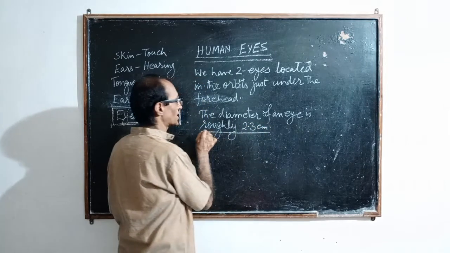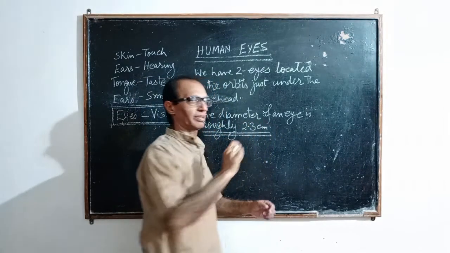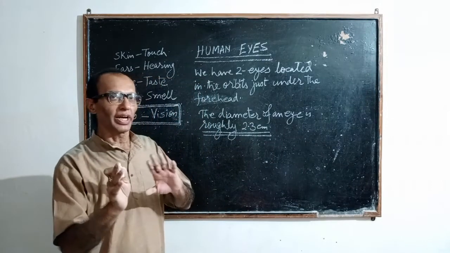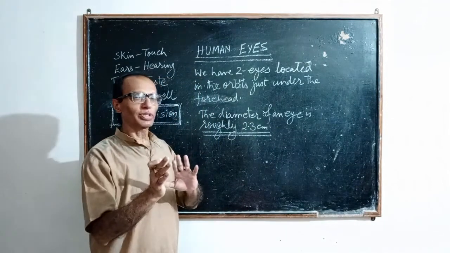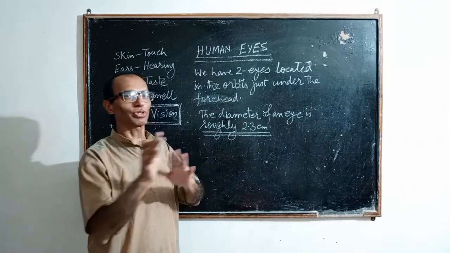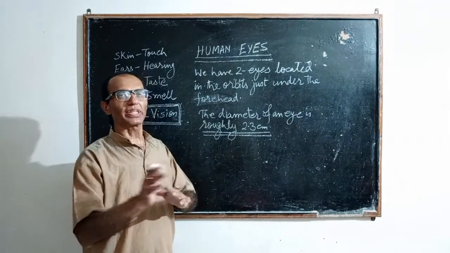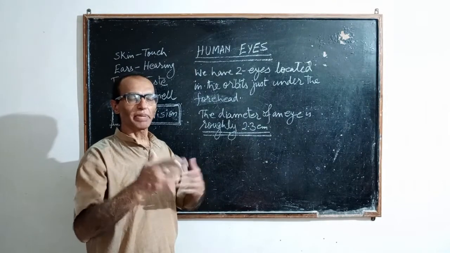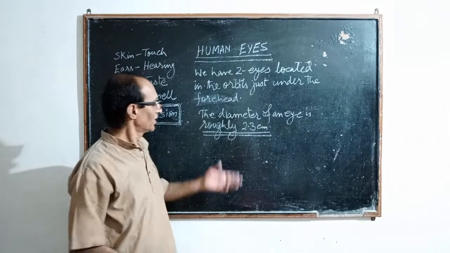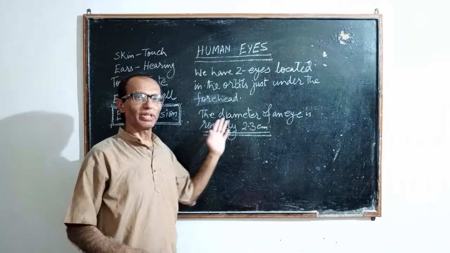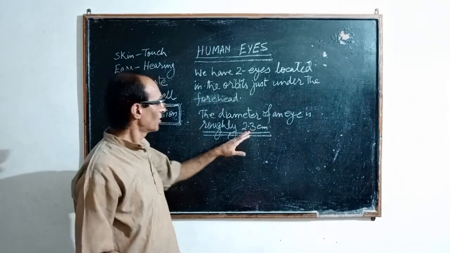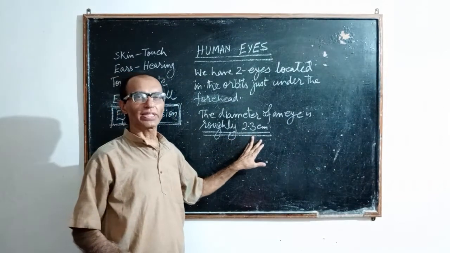Mind it, this is roughly 2.3 centimeter because it may vary from 2.1 up to 2.5 on different individuals. This depends on individual basis. So on an average, we talk about 2.3 centimeter.